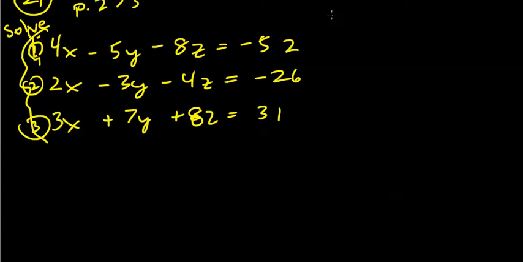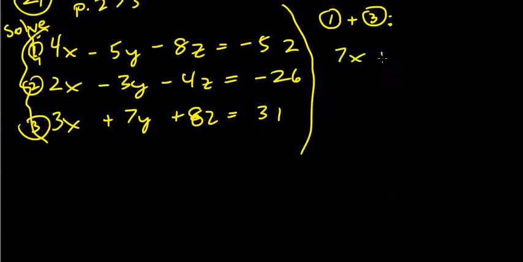So let me make a note of that. 1 plus 3. Alright, I'll get a 7x plus minus 5y plus 7y is 2y. The z's cancel out. And I get minus 52 plus 31 is negative 21. Okay?